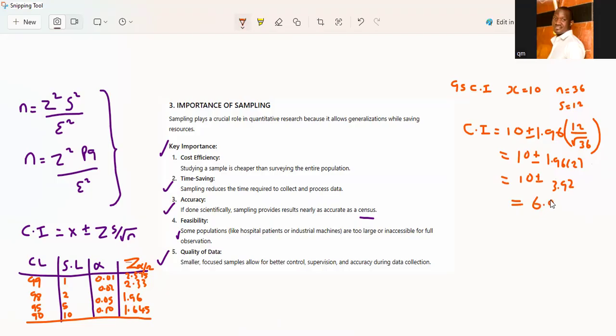When you add, we get 13.92. Okay. So this is what we call the confidence interval. All right. All together. Confidence interval.